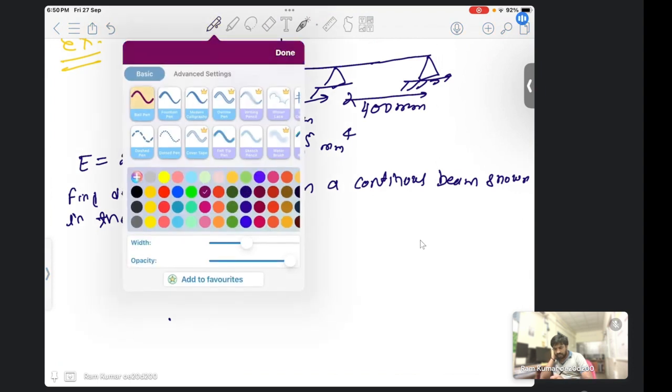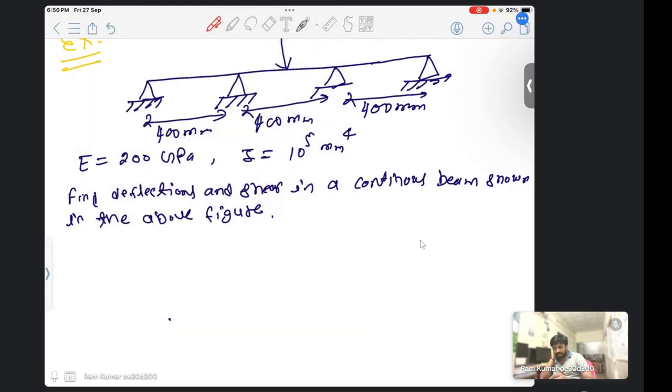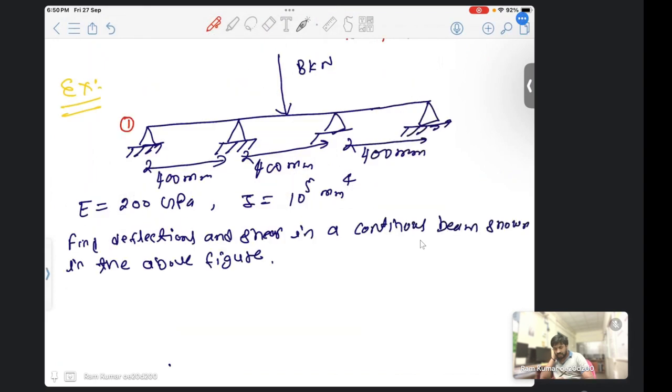So now first we have to find how many nodes we are having. So this is our node 1, node 2. This is also one node, so node 3, this is node 4 and node 5. In total we have 5 nodes, and each node has 2 degrees of freedom.